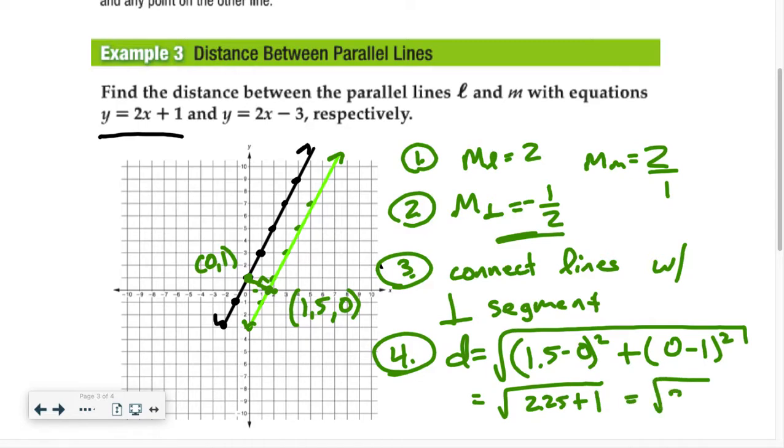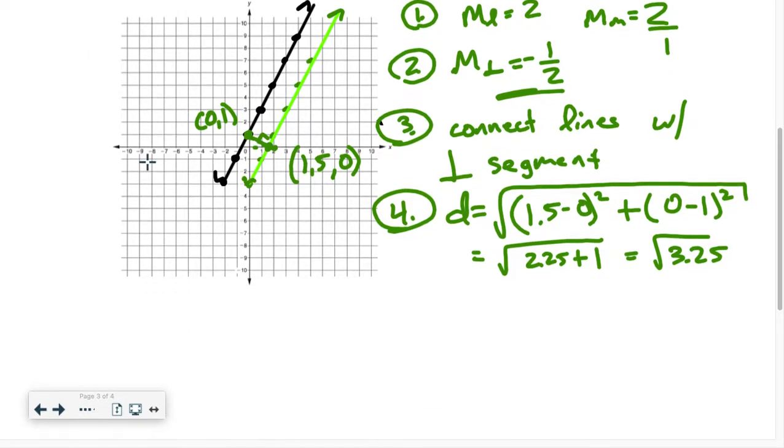So the square root of 3.25. And we get this distance is approximately 1.8. All right? So those 4 steps will find you the distance between parallel lines.